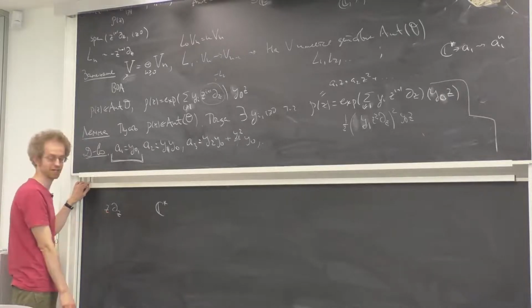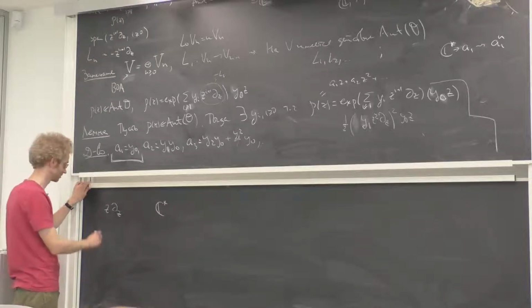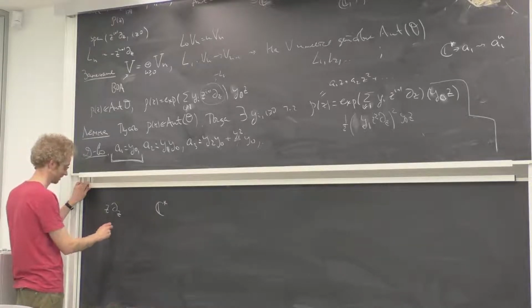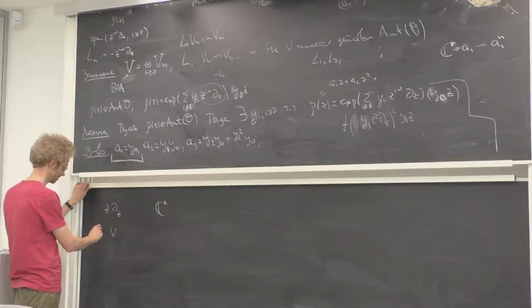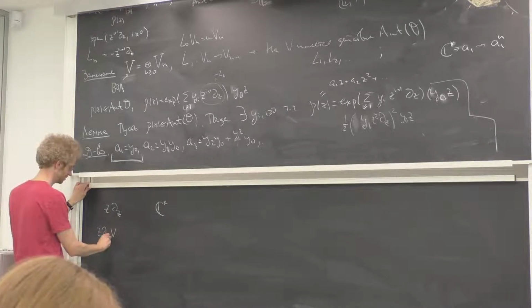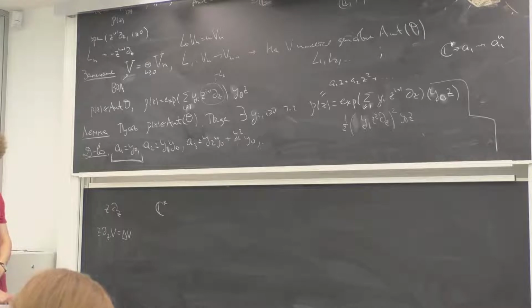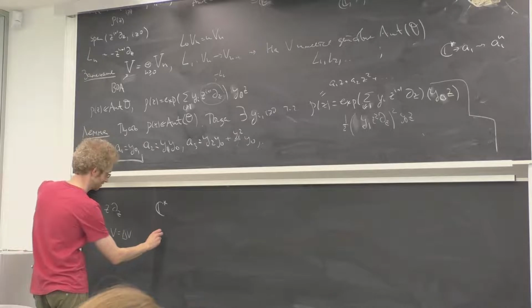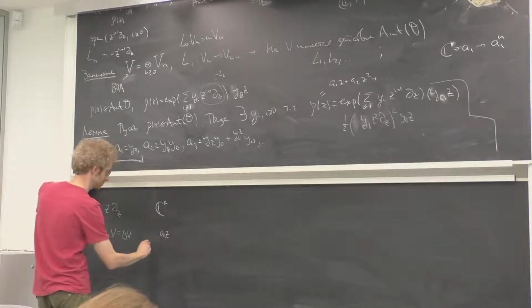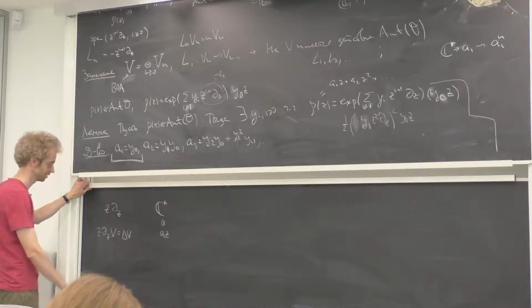If we have a representation of a one-dimensional Lie algebra, then this is just a multiplication by a number. So we have V, this is a vector, and then z dz v equals delta v. Okay, and here I have an element which is a1 z. So it sits here.